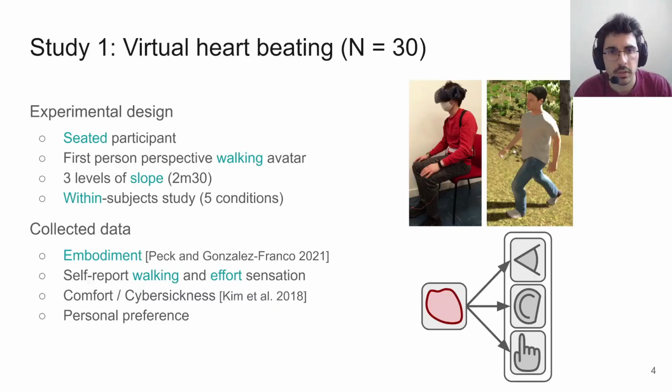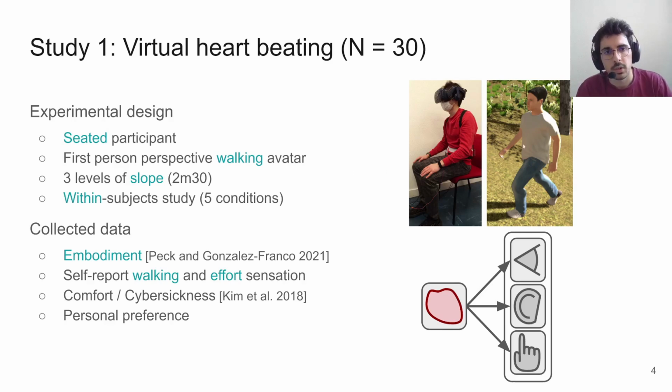So, the first study focuses on displaying a virtual heart beating. We included 30 participants to this study, and the experimental design is the following. So you have a seated participant and a first-person perspective walking avatar. So you're going to see an example of the first-person perspective view in the next slides.